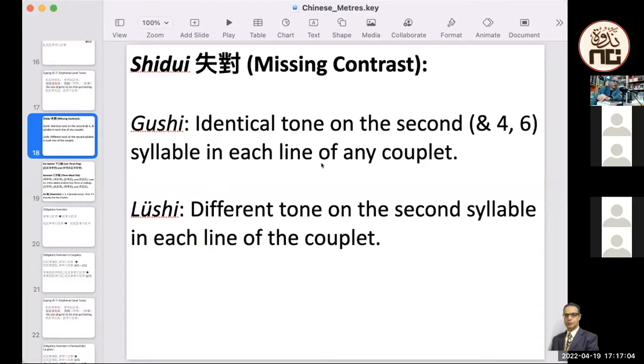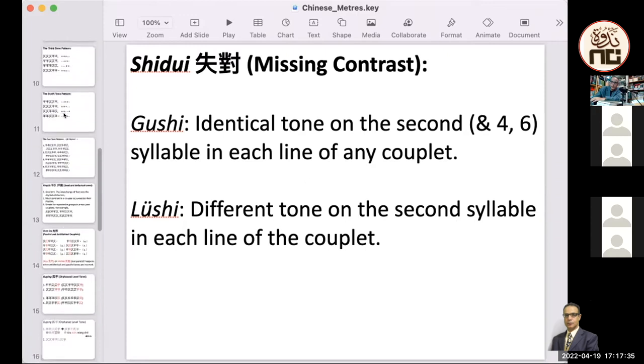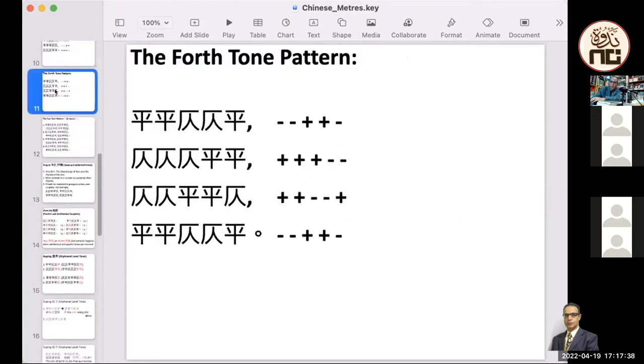It's okay if they have identical tones in each line, because as I said, tones were not so important in the kushu. Tones became central elements in Chinese poetry in the Tang dynasty. So in the Tang dynasty, there must be a different tone on the 2nd syllable in each line of the couplet. Just as I gave you examples, I don't know if you still remember.